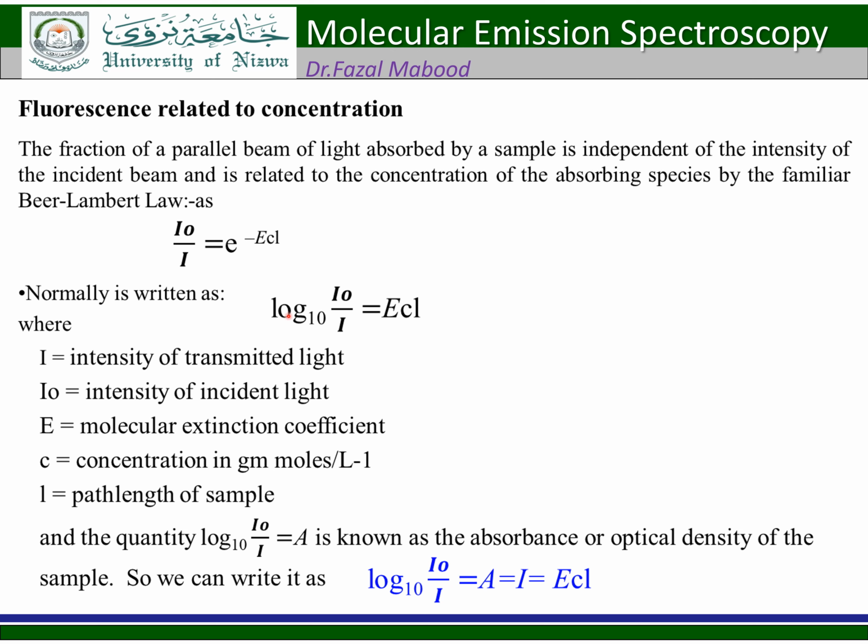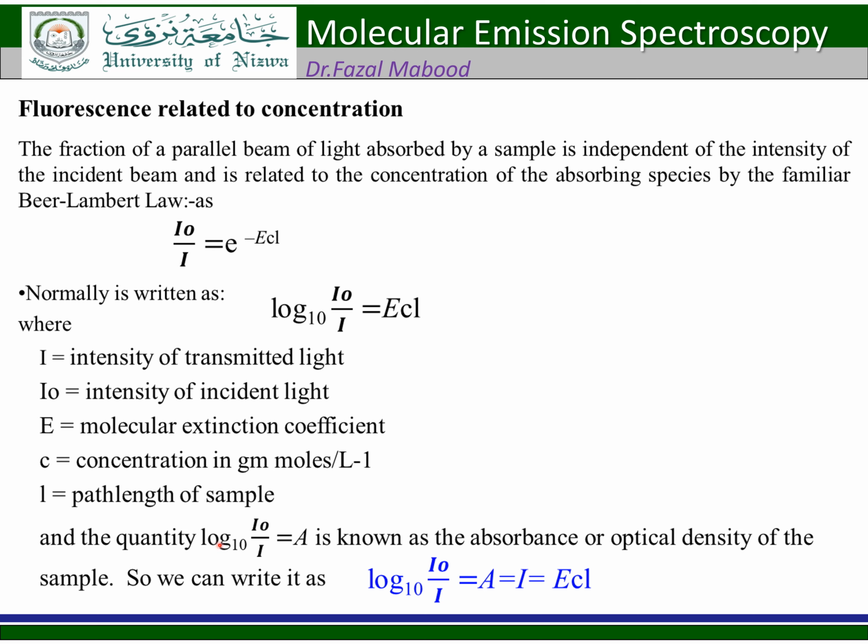It is also written with log, because the natural log has to be converted to log to the base 10. Log I naught by I is equal to ECL, where I is the intensity of transmitted light, I naught is the intensity of incident light, E is the molecular extinction coefficient, C is the concentration, and L is the path length of the sample.